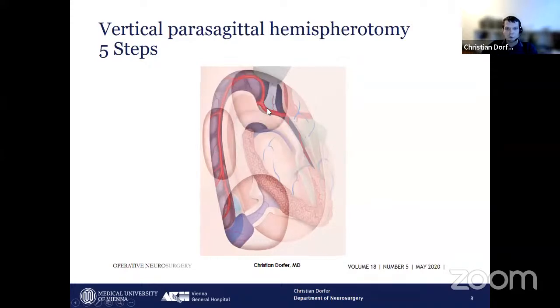Then you have the frontal basal disconnection. You will see a short video shortly, until you get subpial identification of the optic nerve, the carotid, and A1. Then there is the perithalamic cut here through the thalamocaudate groove, following the plexus in the temporal horn and opening up the choroidal fissure here.